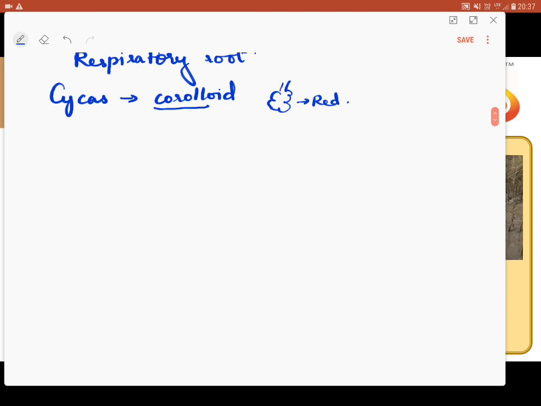Why did this happen? This happened because inside the root there is symbiotic cyanobacteria living.